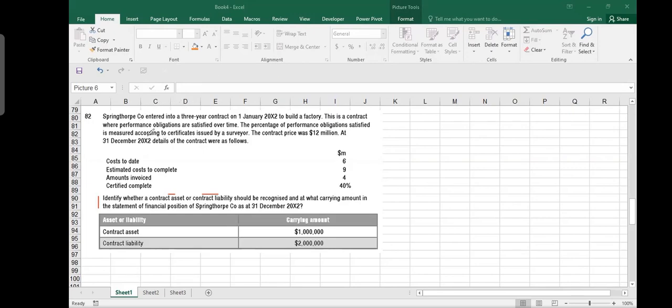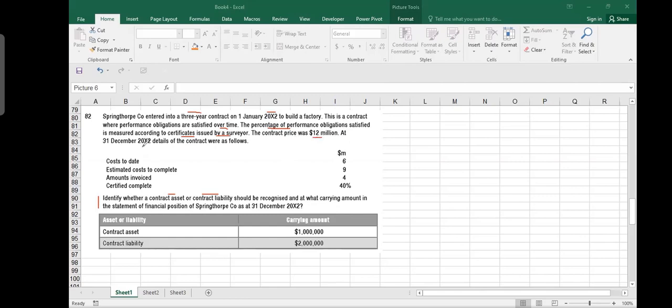It said Springthorpe Company entered into a 3-year contract on 1st January 2002 to build a factory. This is a contract where performance obligations are satisfied over time. The percentage of performance obligations satisfied is measured according to the certificates issued by surveyor. The contract price was 12 million.